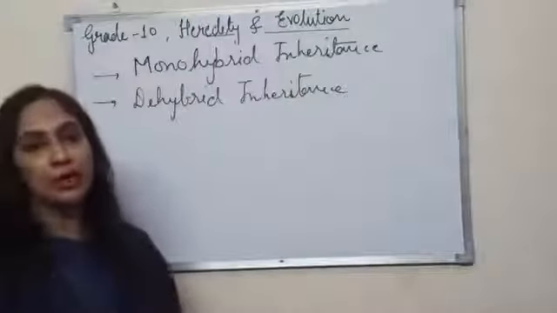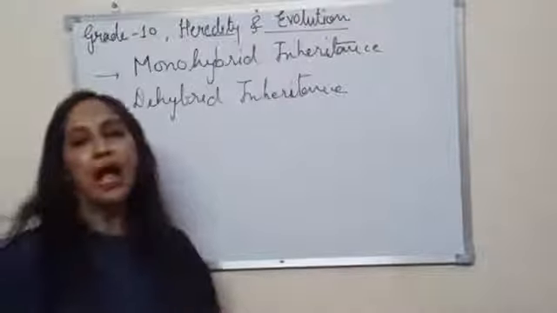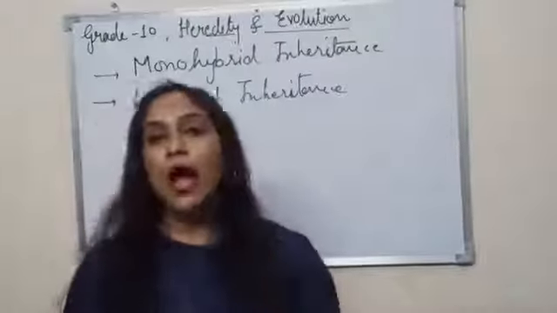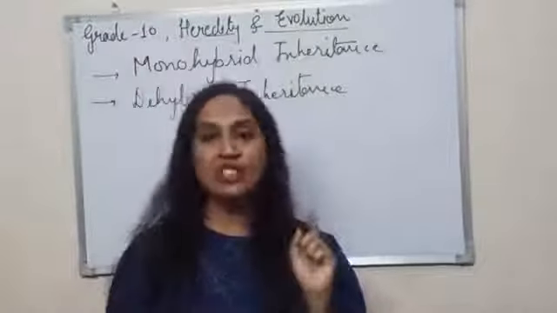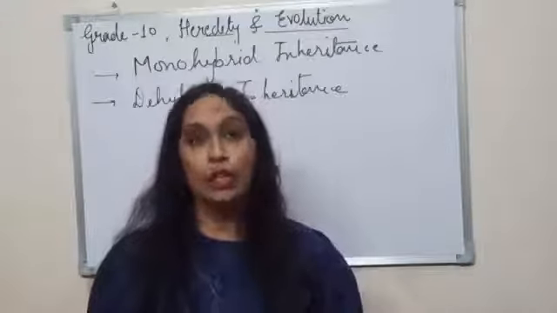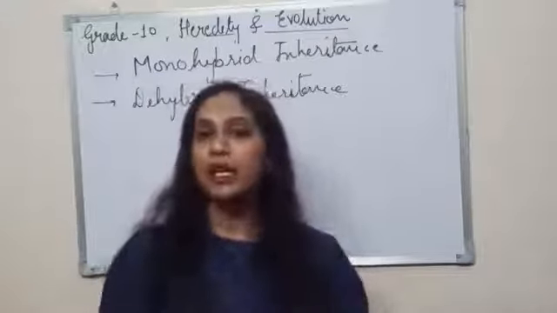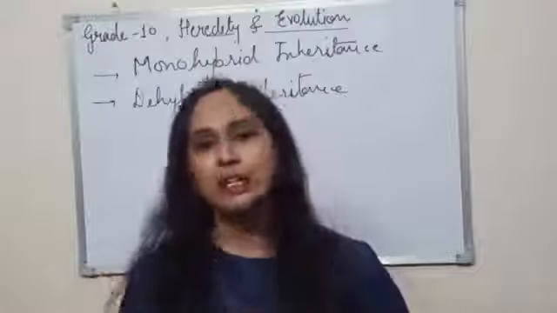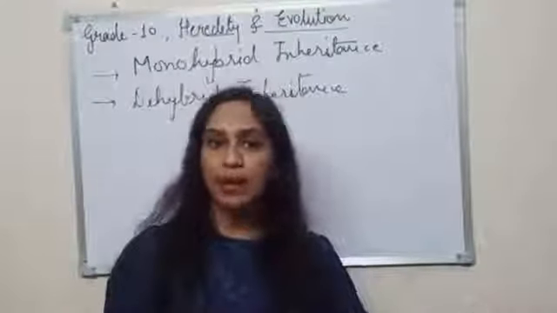Before we switch to the concept, we should know what monohybrid inheritance is. Monohybrid basically stands for choosing one trait or one character to make a cross between the parents, like a female and a male plant.